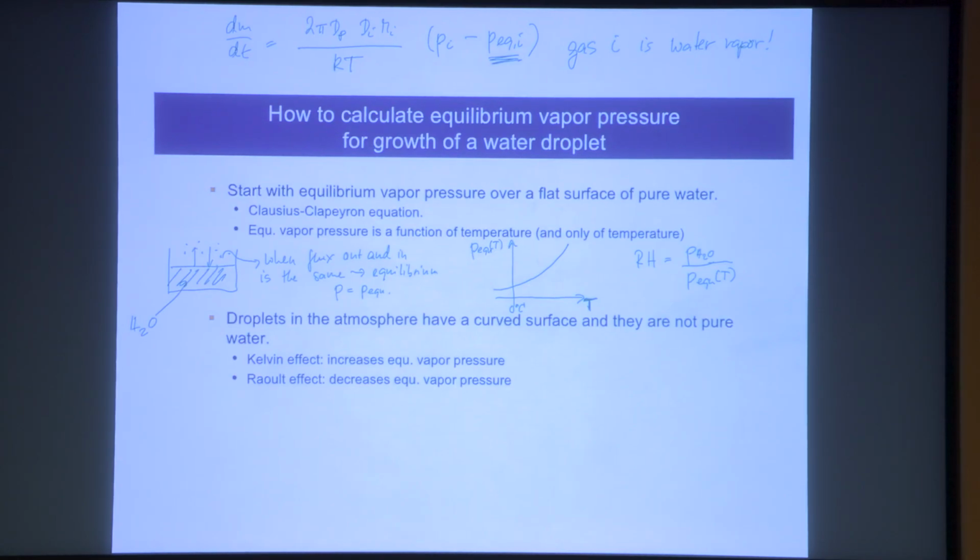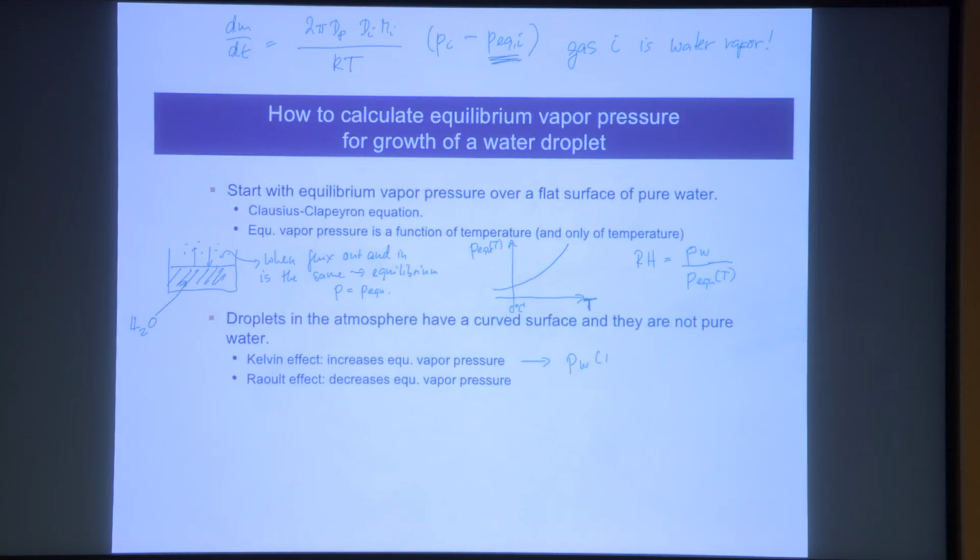Okay, so the curved surface effect, to account for this, so that's essentially the Kelvin effect, right? And to account for this, that's fairly easy. So the water, my notation is getting a little wonky here. Let's call this PW.